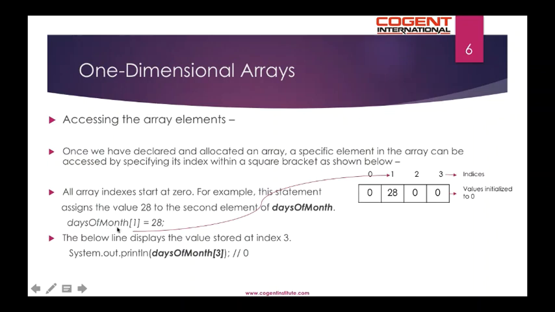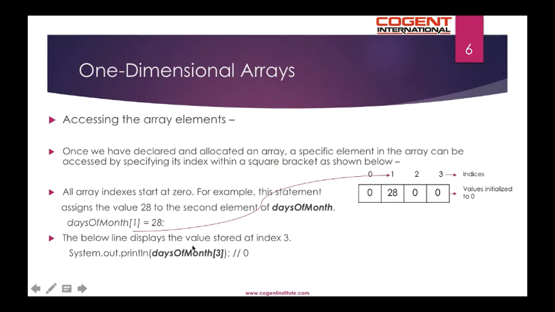So in this case, days of month followed by the square brackets and the index within the brackets is assigned a value using the assignment operator, and the value assigned is 28. So if we see the array, the index 1, which is the second element, is updated with the value 28.